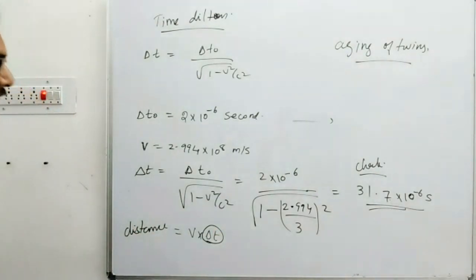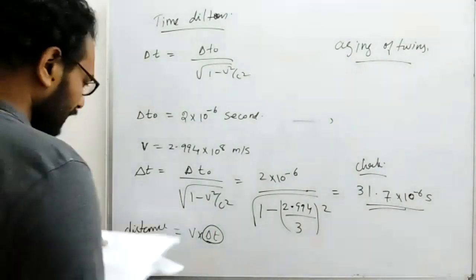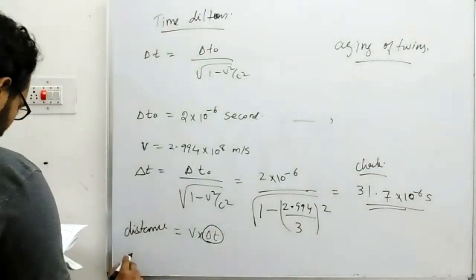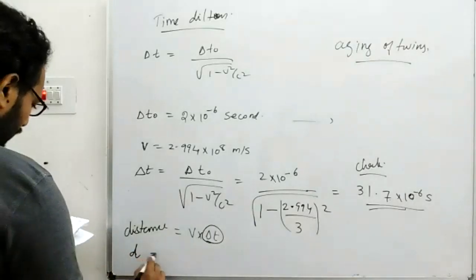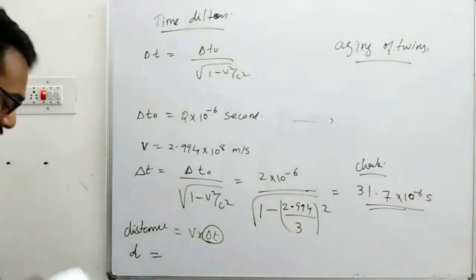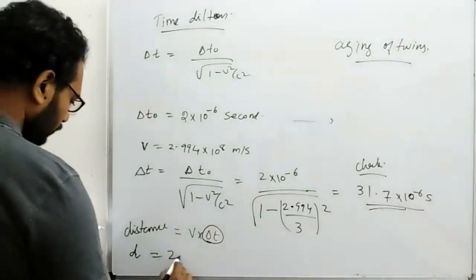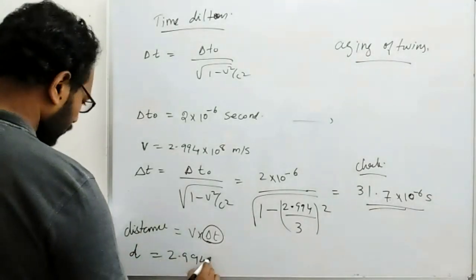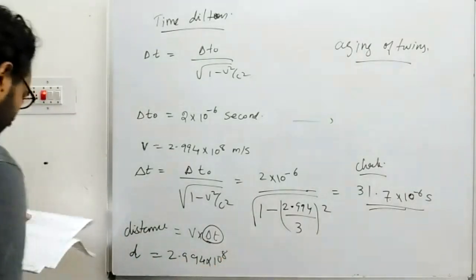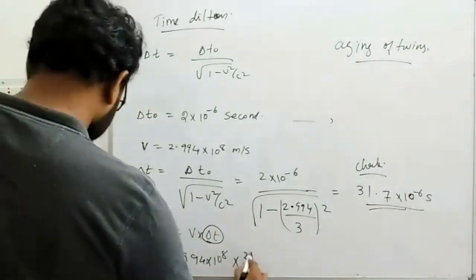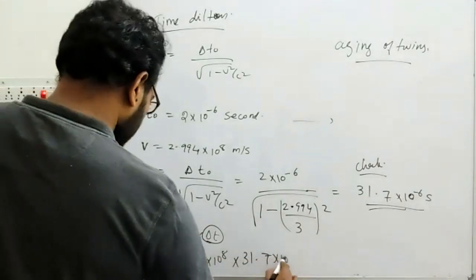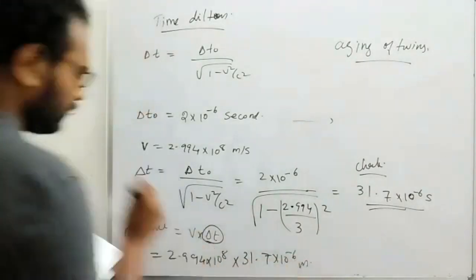Just multiply it with the velocity, and we can write the distance traveled by muon, d, is equal to v delta t. So v is 2.994 into 10 raised to 8, and delta t is 31.7.